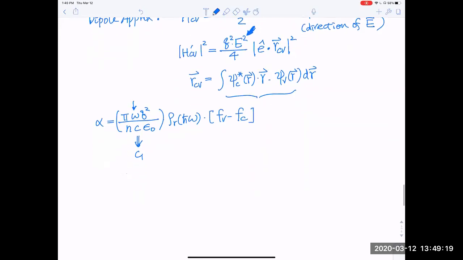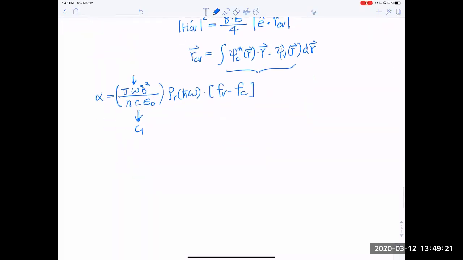And if the semiconductor is undoped, ideally undoped and unbiased, meaning we don't apply any voltage across it, either forward or reverse, then generally f_v is fully occupied.